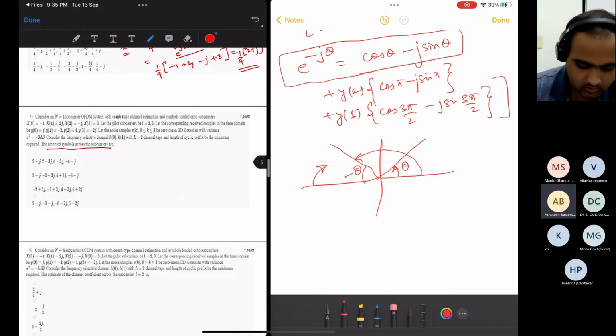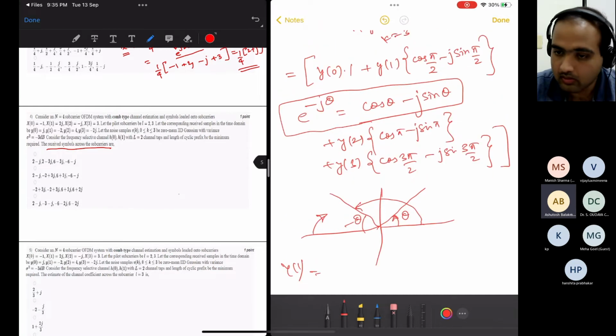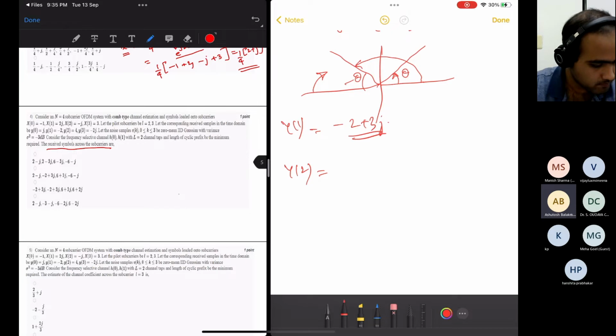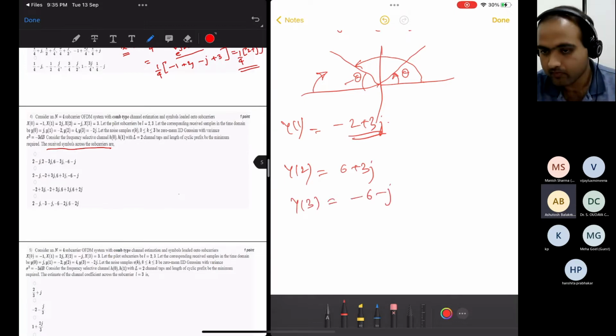So let's just solve this. So for y of 1, no other doubts in this, right? How we are expanding this, and this will come out to be minus 2 plus 3j. So similarly, y of 2 will be 6 plus 3j, and y of 3 will be minus 6 minus j.